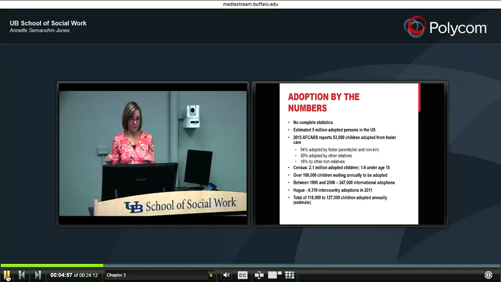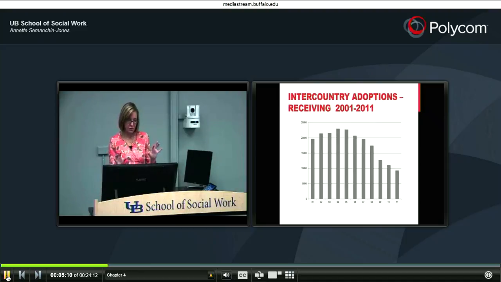The total estimates of children that are adopted each year, again, this is an estimate, range somewhere between 118 and 127,000 children. This gives you some indication from 2001 to 2011, and more recent data has continued this downward trend.